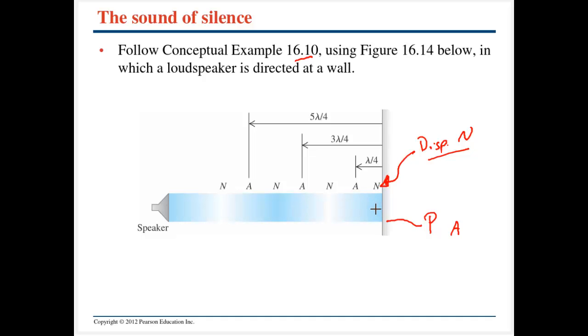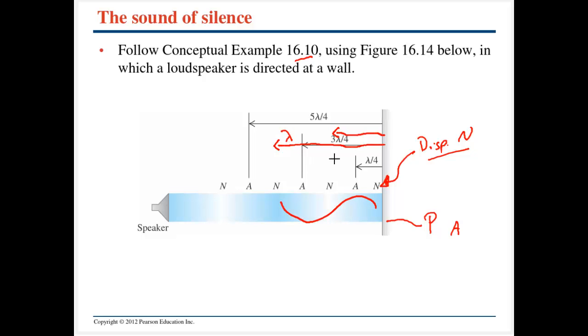We know that the wave is going to look kind of like this, and we can map out where the displacement nodes will be. The first one is going to be at half of the wavelength, lambda over 2, and then the next one is going to be at 1 lambda.